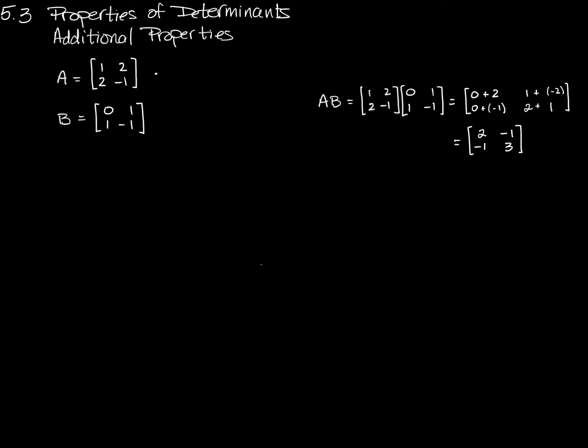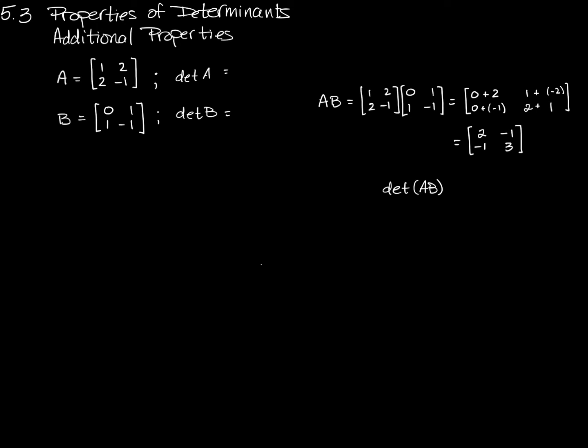And now what I want to do is look at the determinants of these three matrices: the determinant of A, the determinant of B, and I'm going to compare those to the determinant of AB. So the determinant of A is 1 times negative 1, which is negative 1, minus 2 times 2, which is 4.